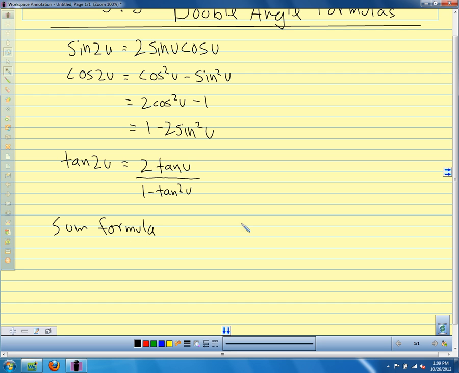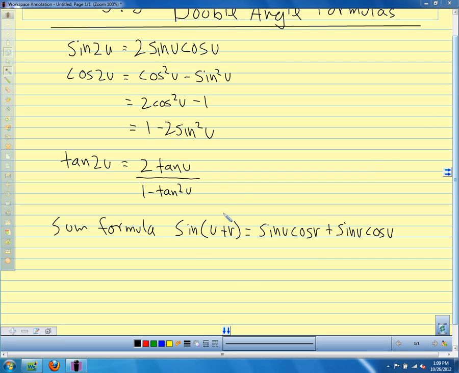So our sum formula for sine, the sine of u plus v, is sine u cosine v plus sine v cosine u. So this is the sum formula that we've talked about already.